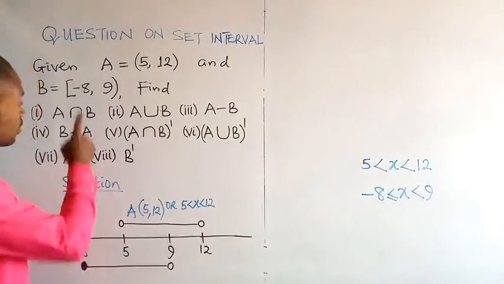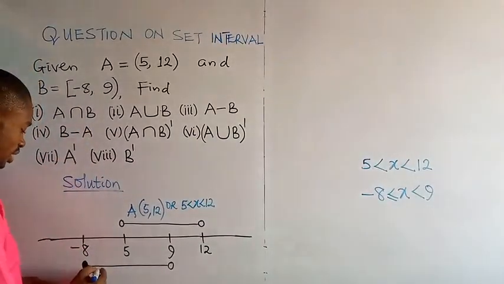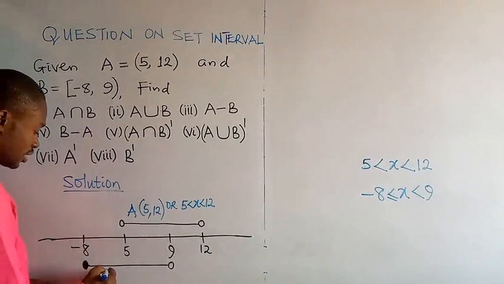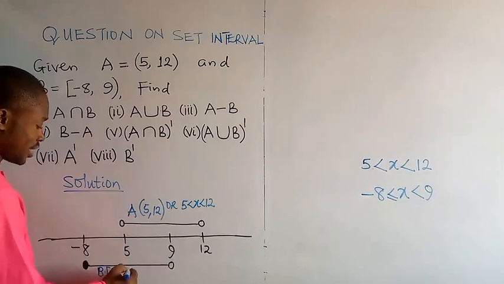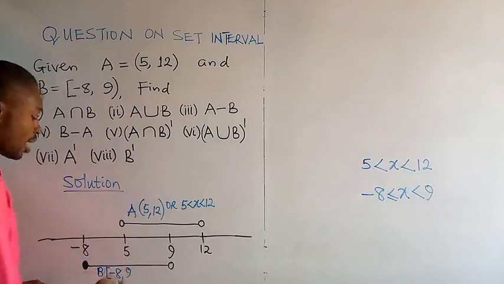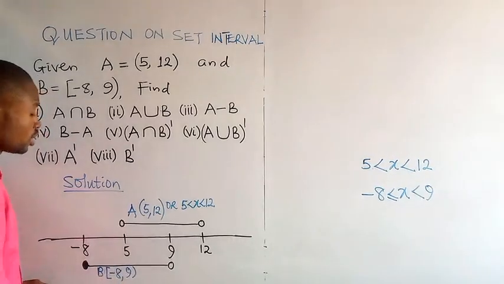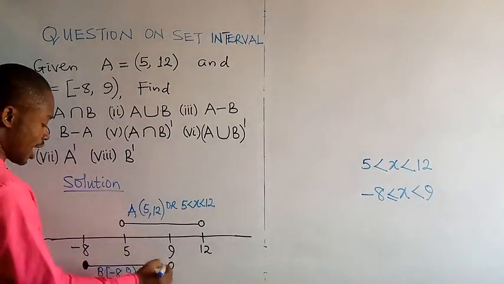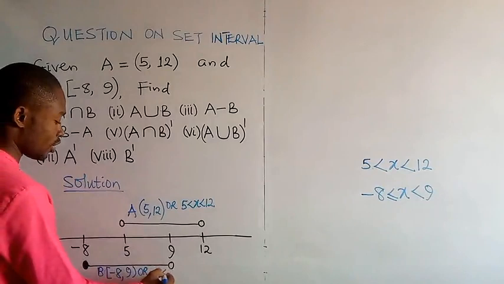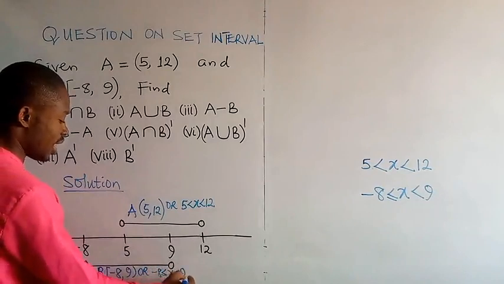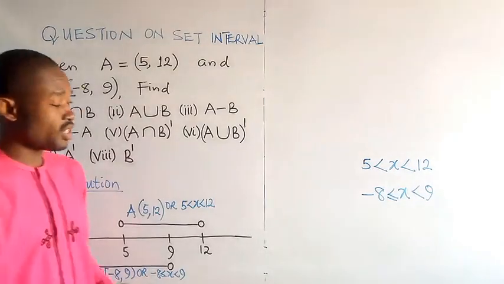Having explained this concept, I would like to define this. This is set B, and it is given as -8 with this square bracket, 9, curved bracket closed. You can still define this as -8 is less than or equal to x less than 9. So that's the definition of this set.